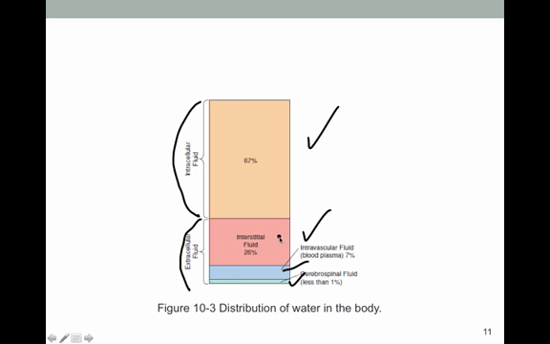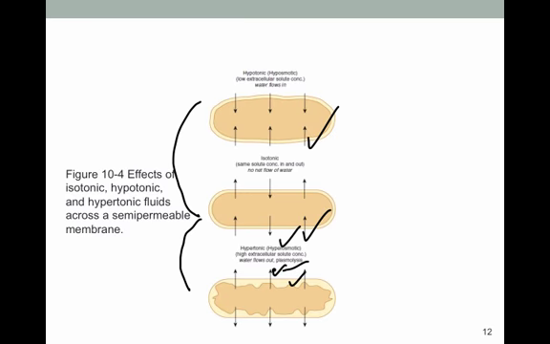Now this is broken down into interstitial, intervascular, what was in the blood, and then cerebral spinal fluid. The effects of isotonic, hypotonic, and hypertonic fluids across the semipermeable membrane, and this is 10.4 in your book. This depends on the tonicity of something, or how thick something is.